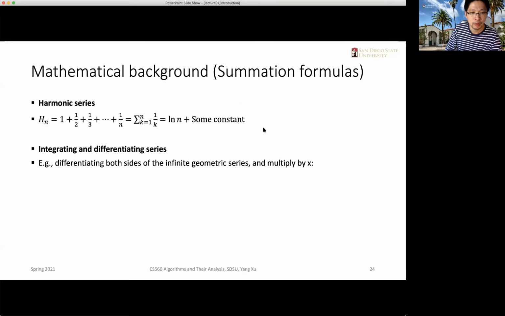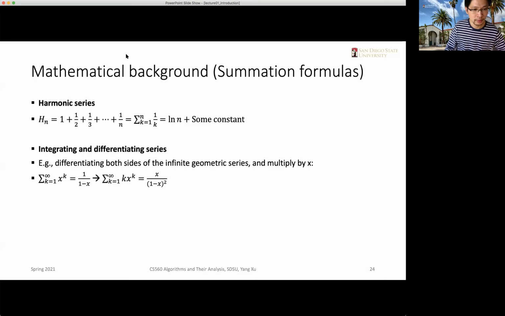When we already know a summation, for example the summation of a geometric series, and we have another series that results from taking the integration or differentiation of each term, then we can directly apply the integration or differentiation onto the summation form.